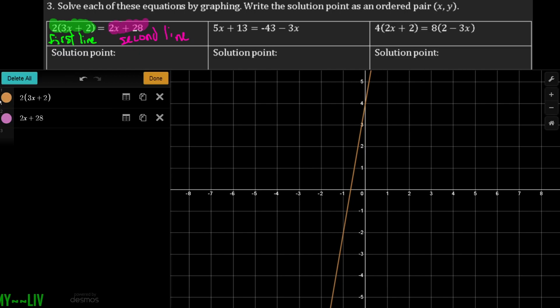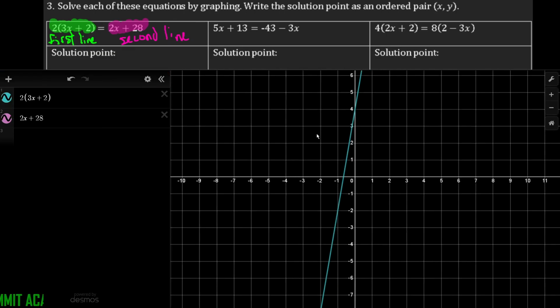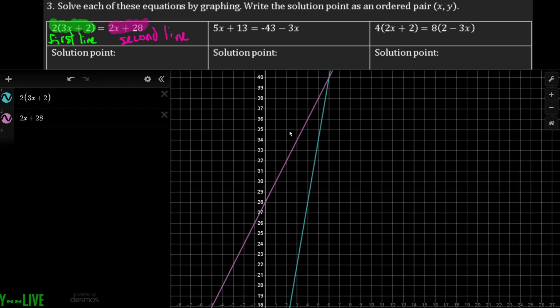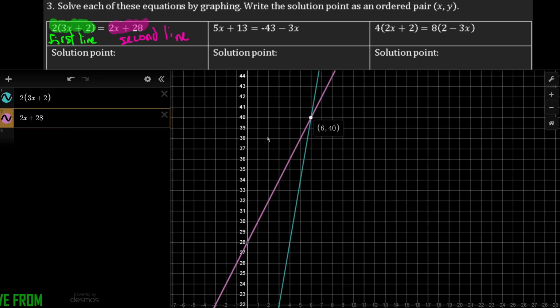Let me change this to green and that one to pink. Okay. And if I need to, again, I can zoom around or zoom out, find your other line, find where they intersect. Wherever they meet is going to be our solution point. So for this one, our solution point, or our answer, is going to be the point 6, 40.